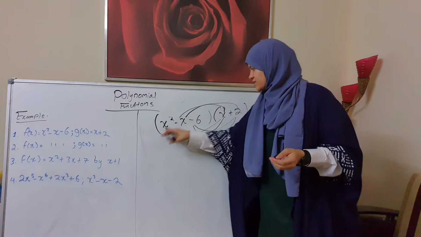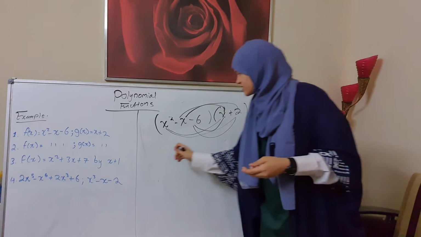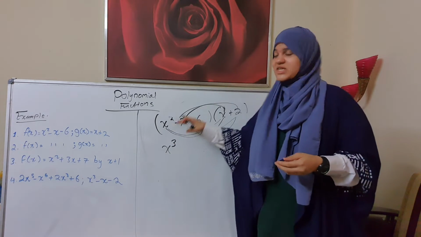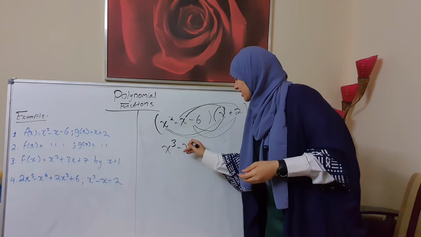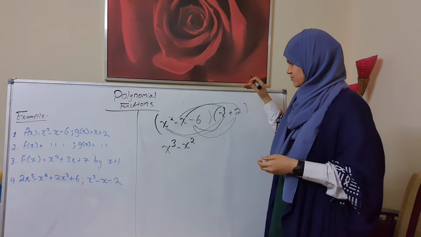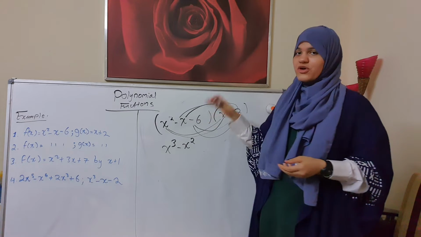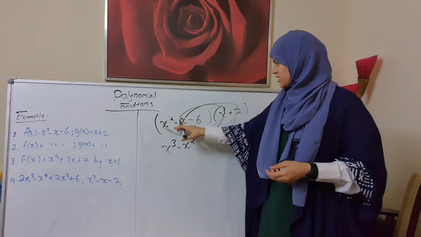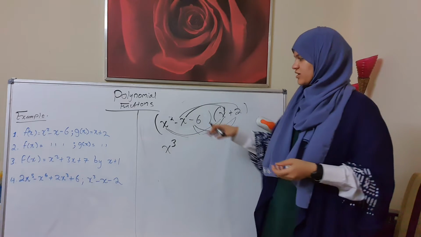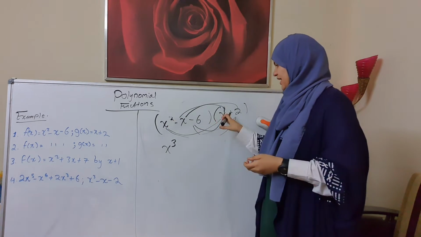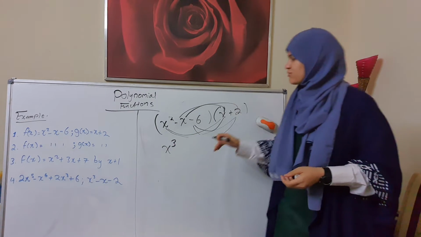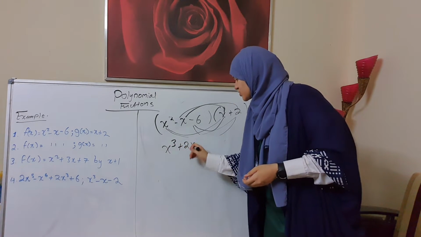So x squared times x is x cubed, right? Then x squared times 2 is plus 2x squared.